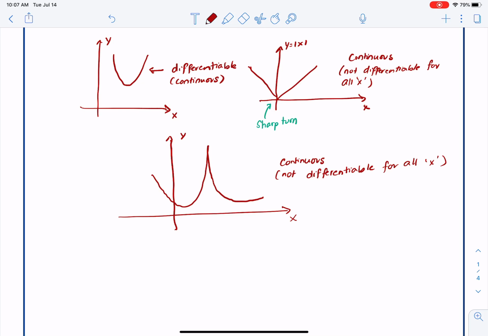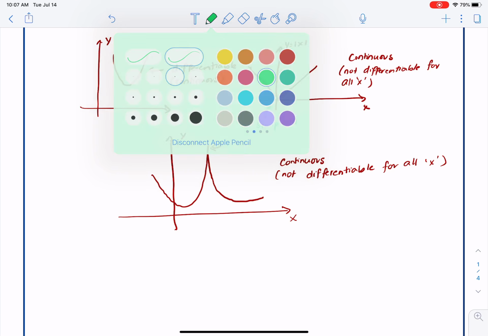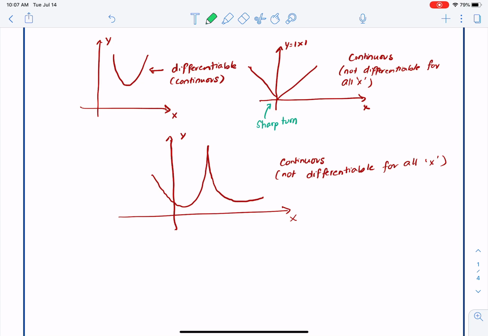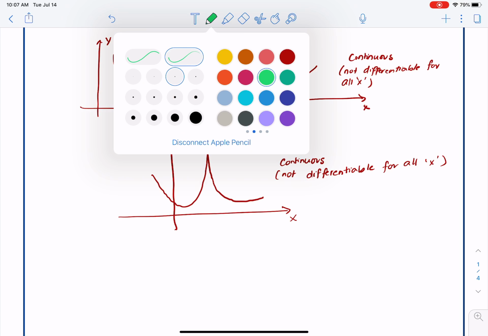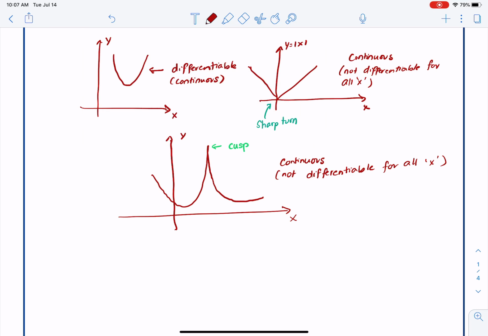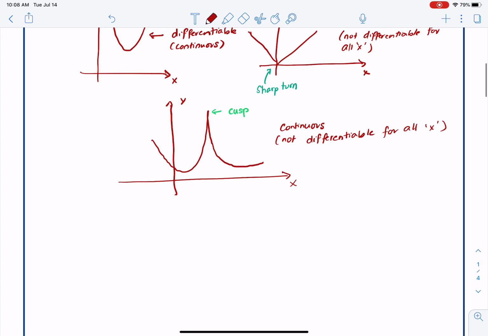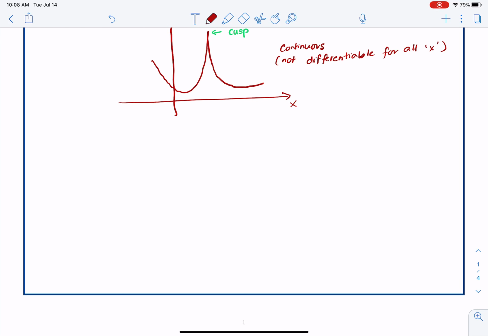The reason being, you have what we call a cusp. So just because a function is continuous doesn't mean it is differentiable for all x. But if we know that a function is differentiable, then it is guaranteed that the function is continuous for all x.